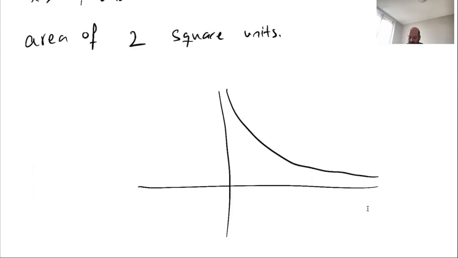So there you are. Now we are considering a tangent line here. So this is our tangent line. And we want to show that this triangle here, so let me say OAB, has area 2.